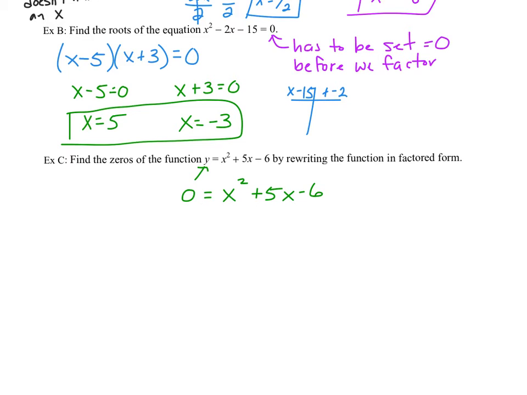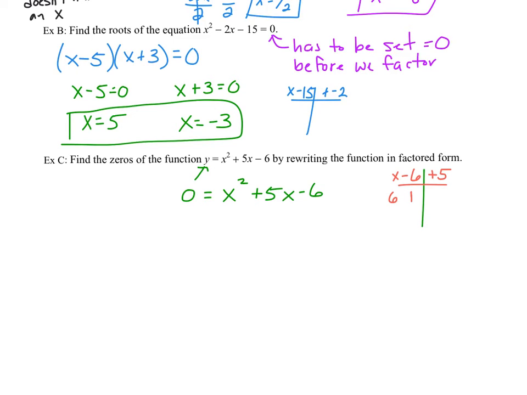So I notice I have 3 terms. There's nothing in front of that x squared. So I need to figure out, we'll do it in a different color, what multiplies to get -6 and adds to get 5. So I start with my easiest combo, 6 and 1.